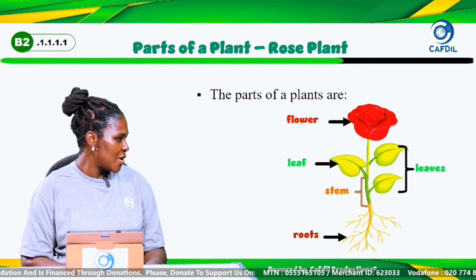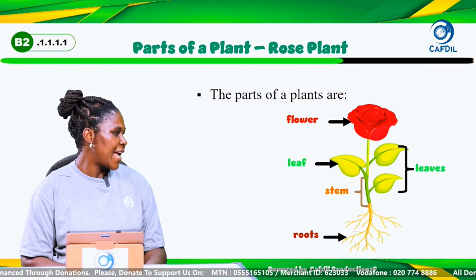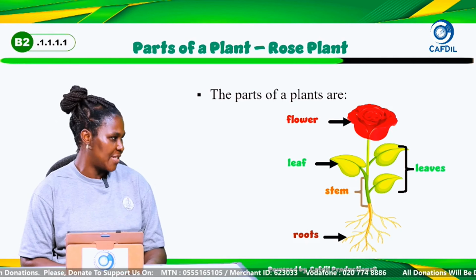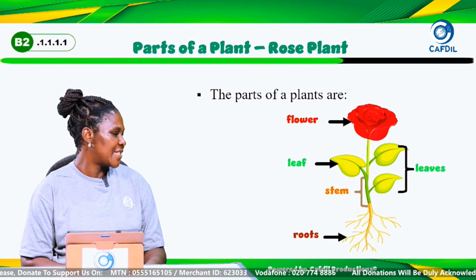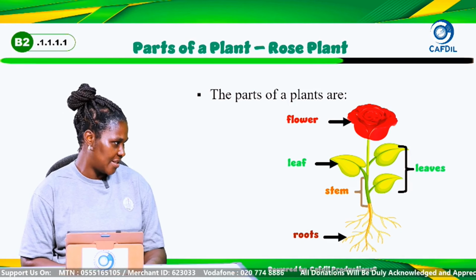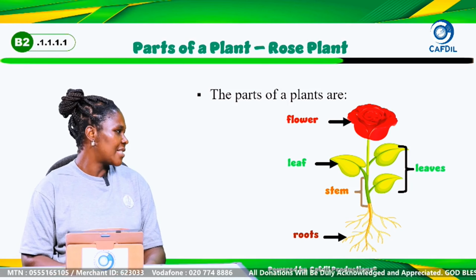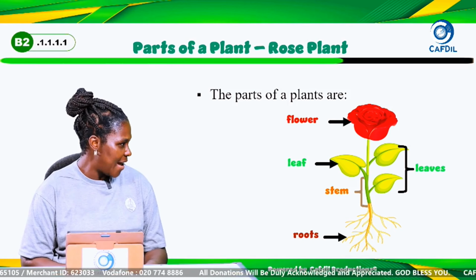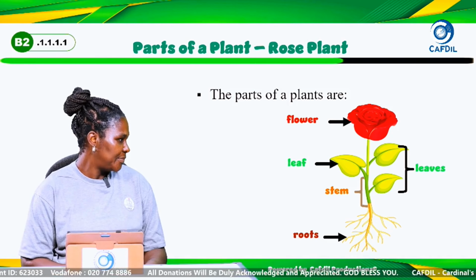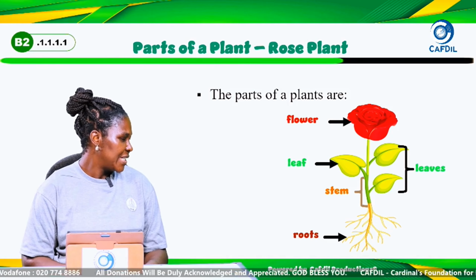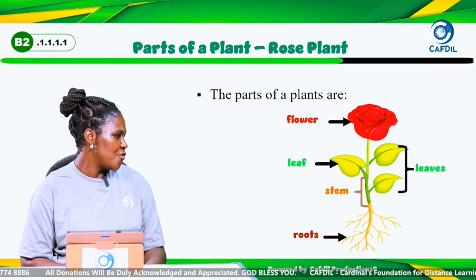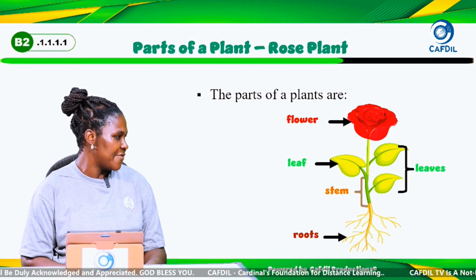When it is one, we say leaf. When there are two or more, we say leaves. So how many leaves are there? We have 3 leaves. Good. So the parts of the plant are the flower, the leaf, the stem, and roots. When the leaves are many, we say leaves.